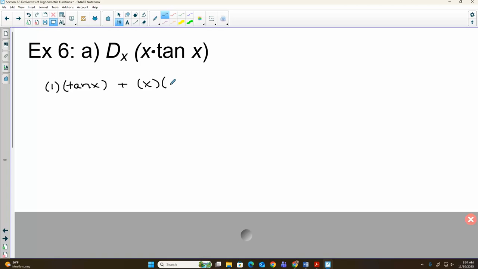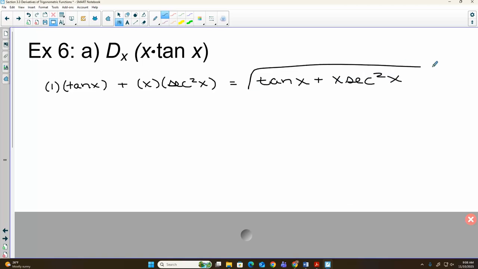What's the derivative of tangent? Secant squared. So we just get tangent x plus x secant squared x. Unlike polynomials, these derivatives typically get uglier the more that you do.